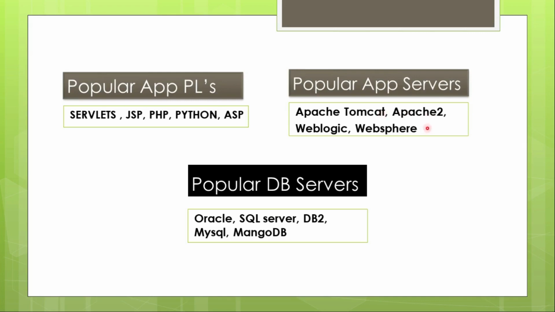These two are free: Apache Tomcat is for Java, Apache 2 for PHP. And we have two very good commercial application servers: WebLogic from Oracle and WebSphere from IBM. We also have a popular application server called GlassFish, which is free and open source. As part of our tutorial, I'll be using Apache Tomcat.